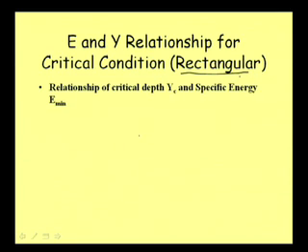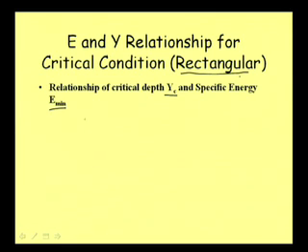Well, we know that we mean the relationship of critical depth y c and specific energy. Specific energy we can always write as E minimum, because this particular condition we are talking about is minimum specific energy, because it is the critical flow condition.